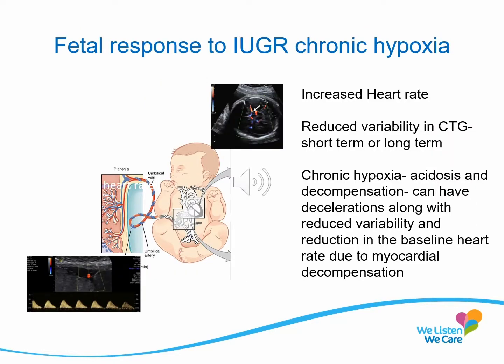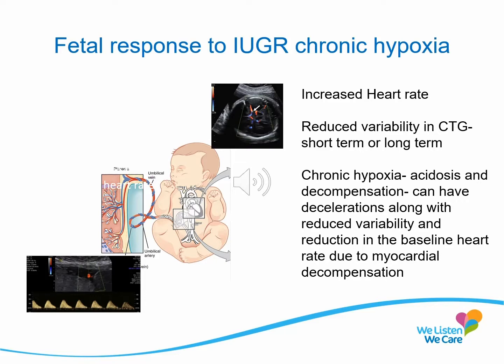Subsequently, there is increased placental resistance, and this is reflected in raised umbilical artery pulsatility index measured on Doppler scan of umbilical arteries. At this stage, as a part of compensatory response by the sympathetic system, there may be an increase in fetal heart rate on CTG.